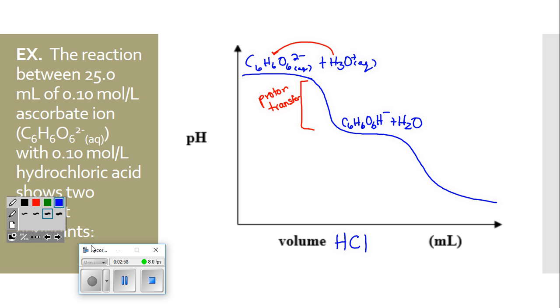If I continue to add more titrant, I'll take this substance here and I'll add more hydronium. So I'm using the product of the first reaction as the reactant for the next step. The same thing happens. Hydronium donates a hydrogen.